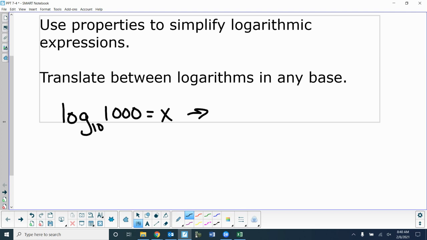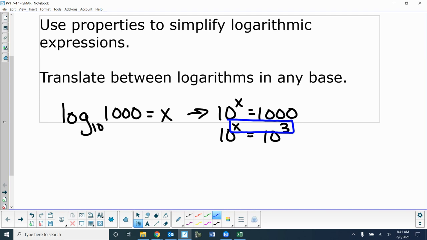So 10 is the base, x is the exponent, equals 1,000. And then try to write it with the same base. And you can. For anything with a 1 and zeros after it, it's 10 to however many zeros you have. So that's 10 to the third. So since the bases are equal, you can say x equals 3 then for that.